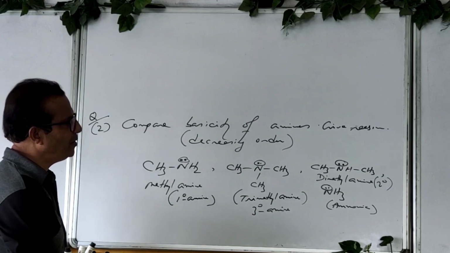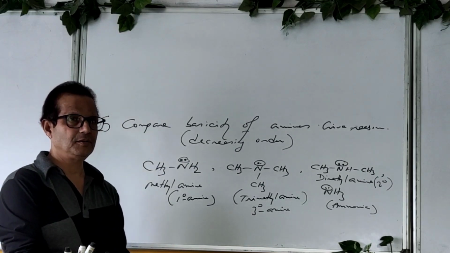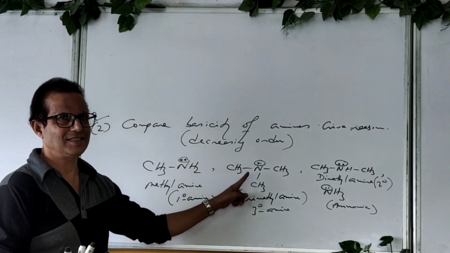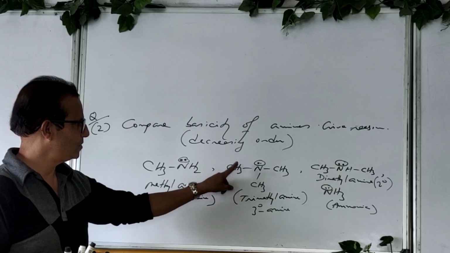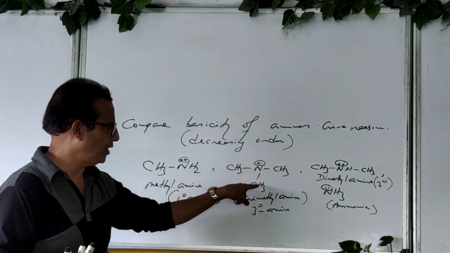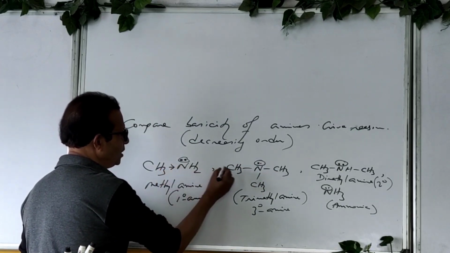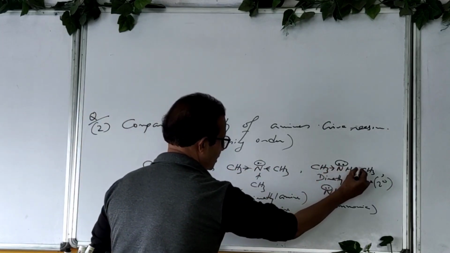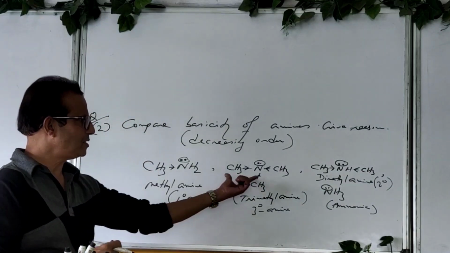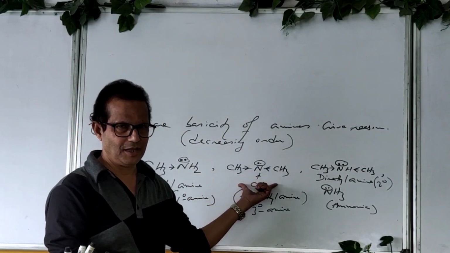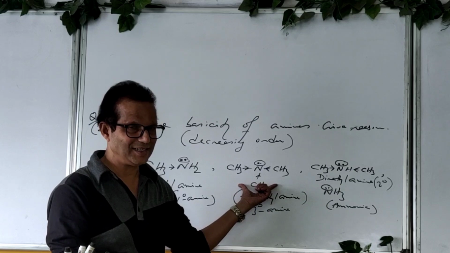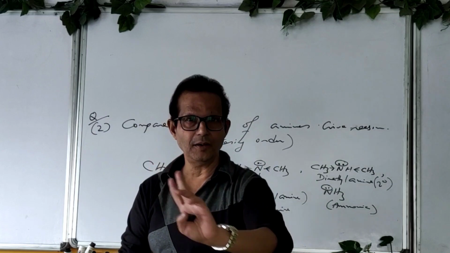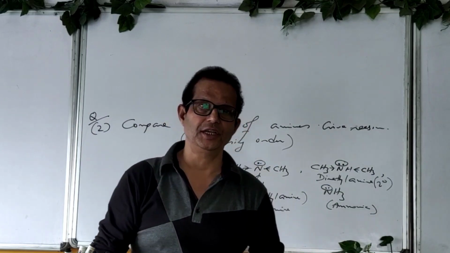Now, can you tell me which is most basic? This, because there are 3 electron donating methyl groups. You know that methyl group, any alkyl group has electron donating nature, okay? So obviously, trimethylamine is more basic, isn't it? No, wrong. Trimethylamine is not the most basic.